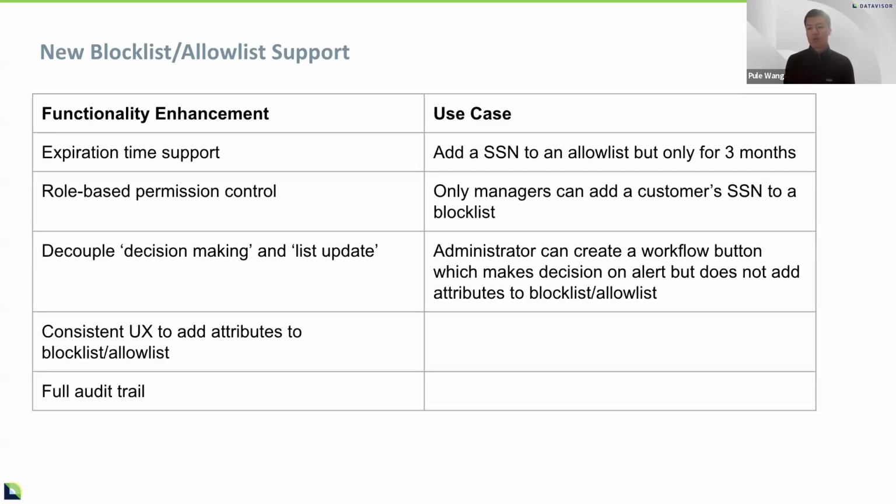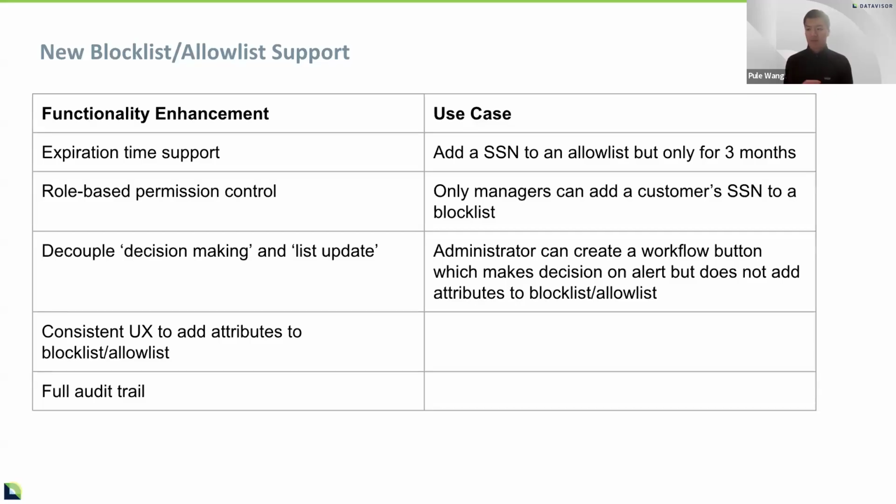And we also introduced role-based permission control on those lists, meaning that you can say that for a specific attribute in a block list, only senior members of your team will be able to see it. Junior members cannot see it or cannot add to the list. We also decoupled the decision making and the list update.